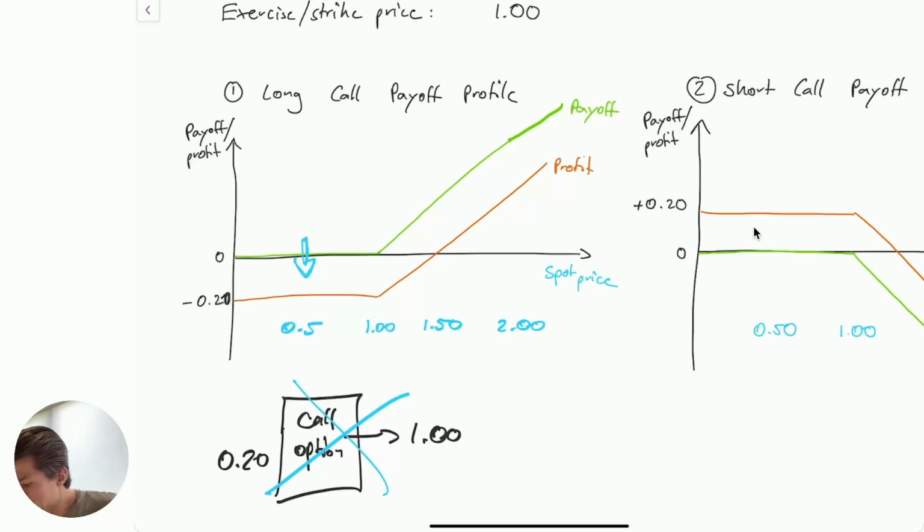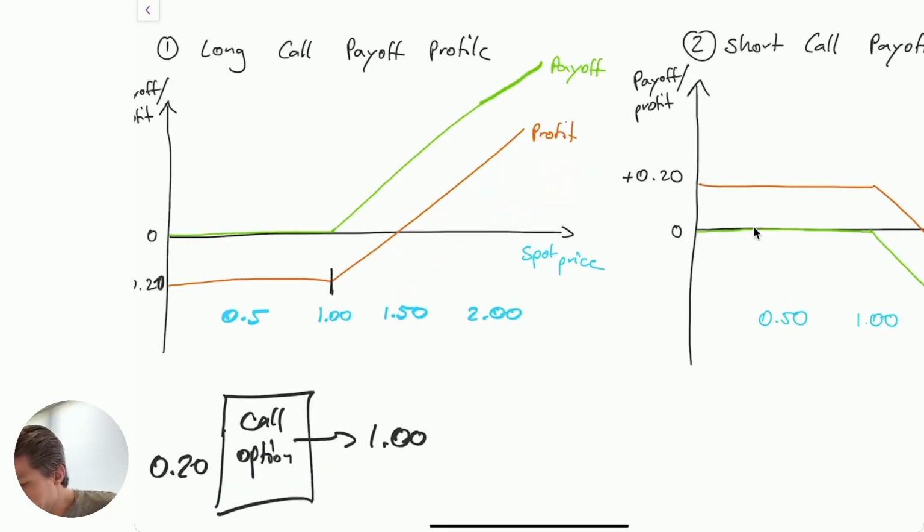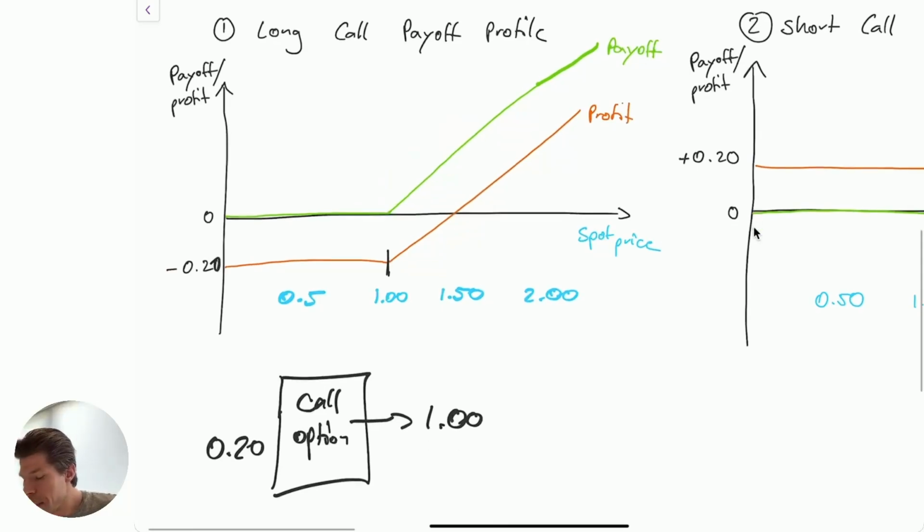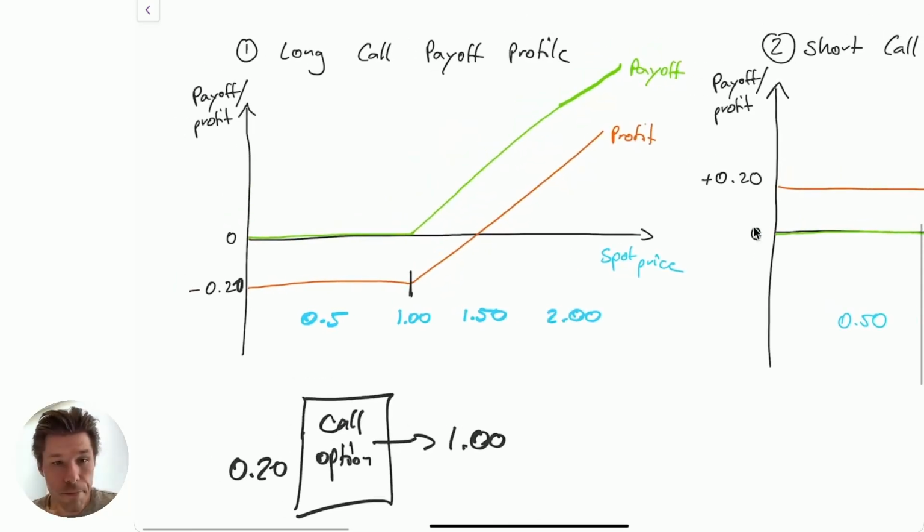If the price of an apple would be $1, then you would potentially exercise your option. It's called, we are at the market. You would exercise, you are allowed to buy.